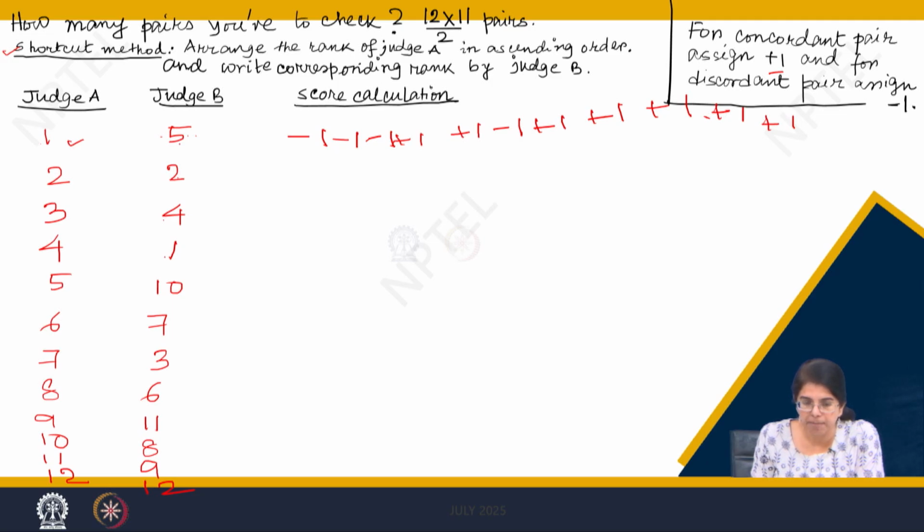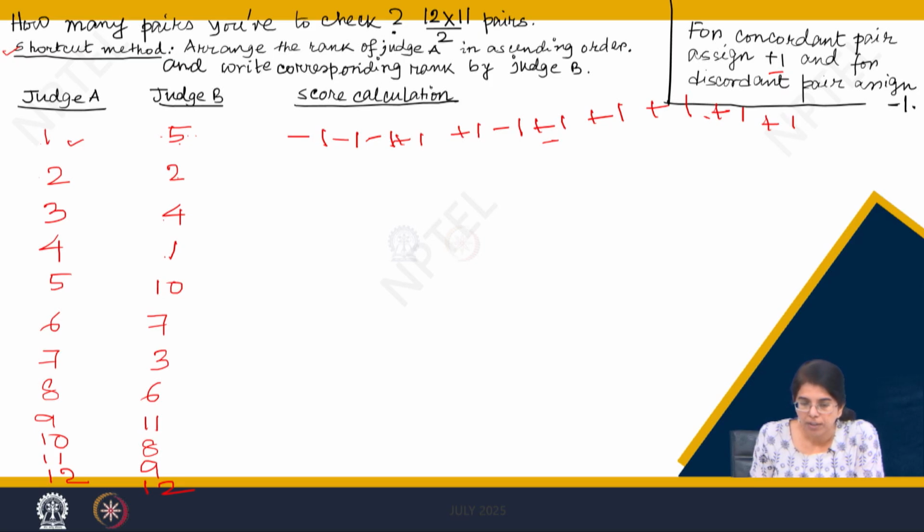Let's take this example. 1 is less than 4, 5 is less than 1, no, 5 is bigger than 1. So again a discordant pair. So 1 is less than 5, 5 is less than 10, yes, 5 is less than 10. So this is a concordant pair, and here you can see that plus 1 comes up. So every time you will have to assign this plus 1, minus 1 jugglery, right?